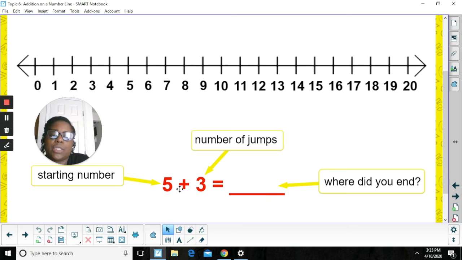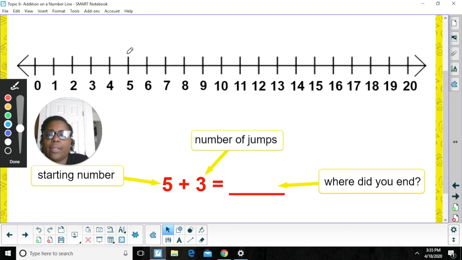So here's the addition sentence. 5 plus 3 equals something. Okay? So if you're using a number line, you would start here. See where it says the starting number is 5, so you would start there. And then you're going to jump how many spaces? 3 spaces. 1, 2, 3.